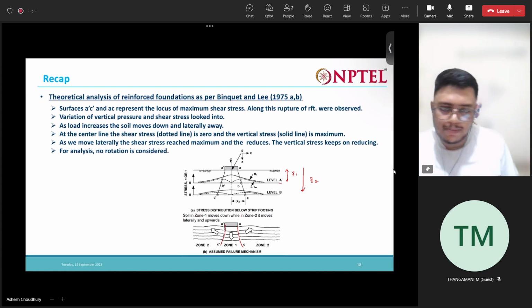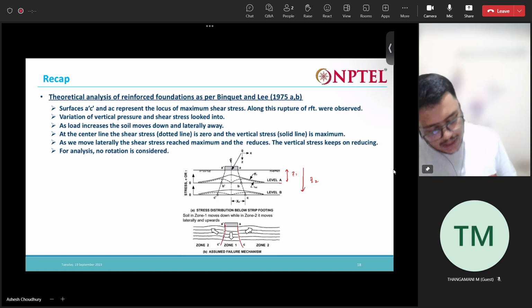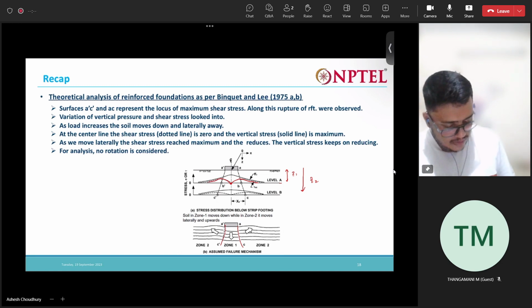At some depth, if we see how the shear stress varies, you will see that the shear stress varies about these dotted lines. It is minimum at the center line, it increases and then it reduces.